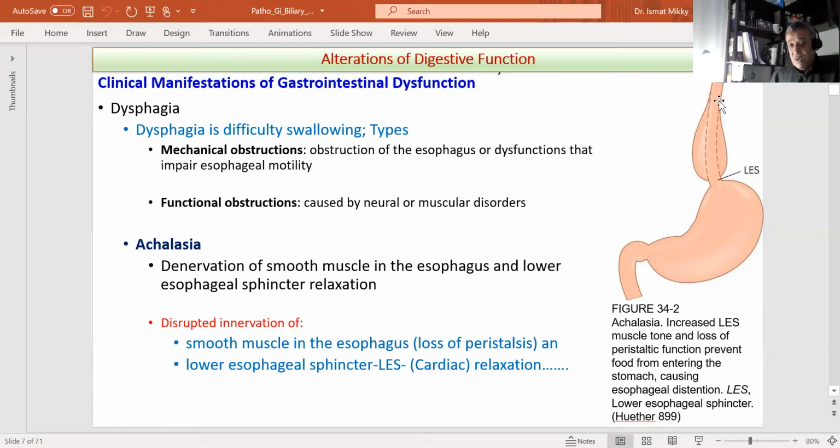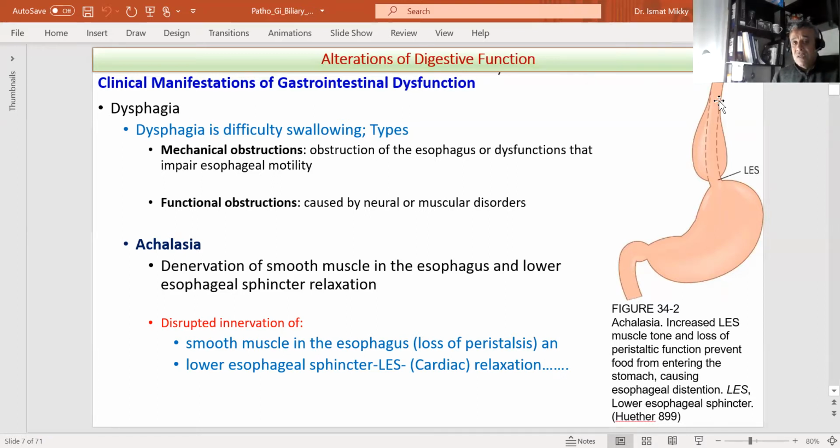The mechanical, the patient would experience this due to conditions like tumors, strictures, which is narrowing of the esophagus, or the cardiac sphincter, which is the lower esophageal sphincter, or the herniation in the GI tract, such as diverticular herniations.